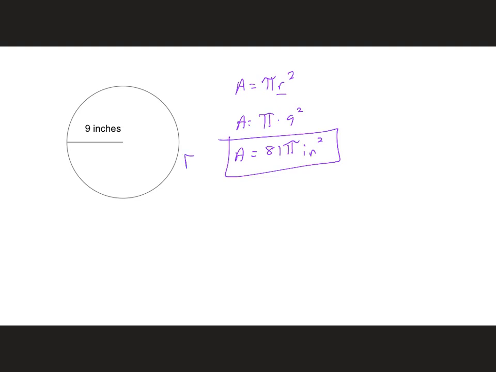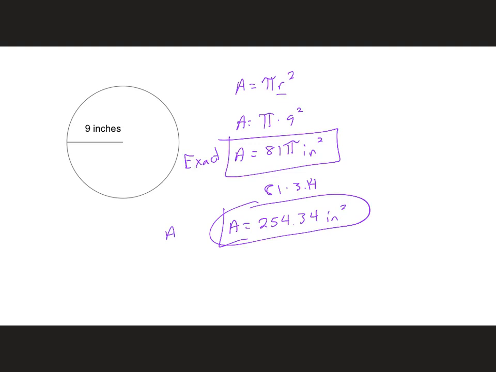That is my exact. Now take 81 times 3.14, and that gives me 254.34 inches squared. Circle that, and that's my approximate.